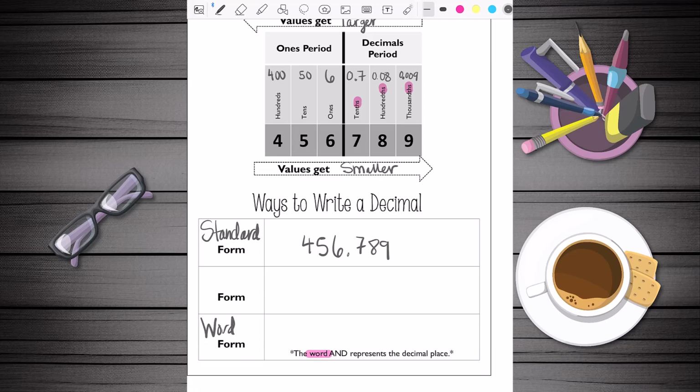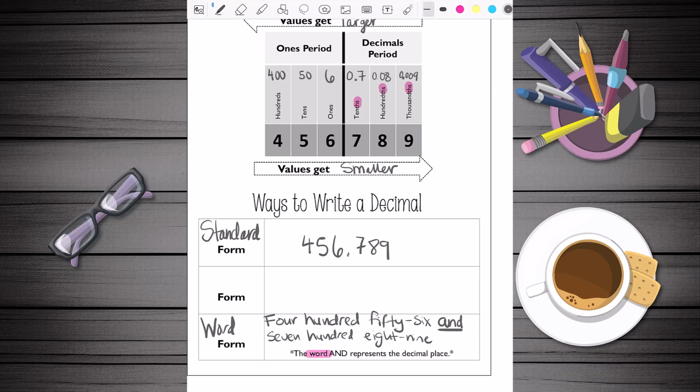So this is how we would really say the standard form. 400. Oops, let me fix my writing just a little bit. 400 56. And remember, the and represents the decimal point. And 456 and 789. We read the decimal as if it was its own number, 789.